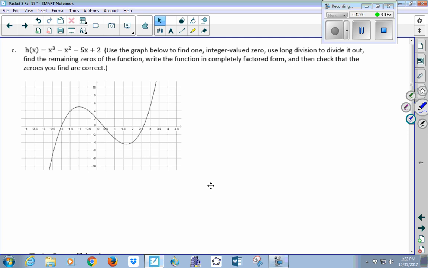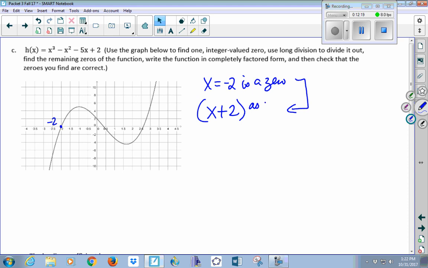And you can see here that I do have some help that negative 2 is a 0. Then I can use the fact that x equals negative 2 is a 0. I can use my factor theorem to now say that that becomes x plus 2 as a factor.